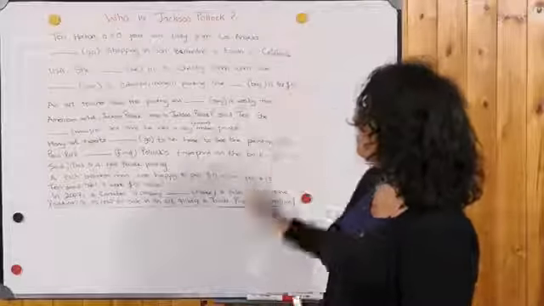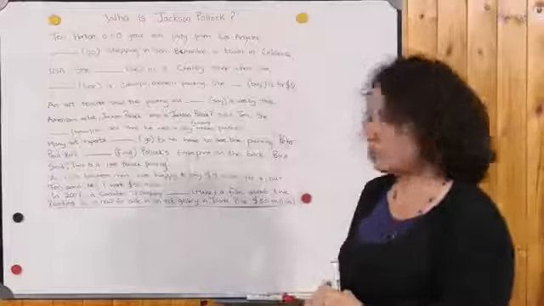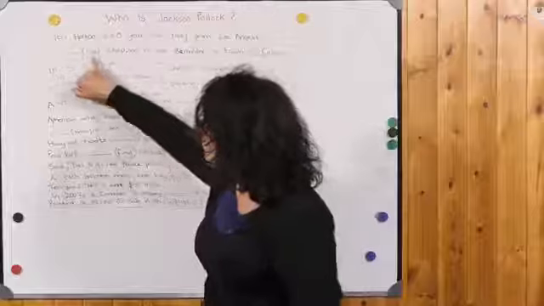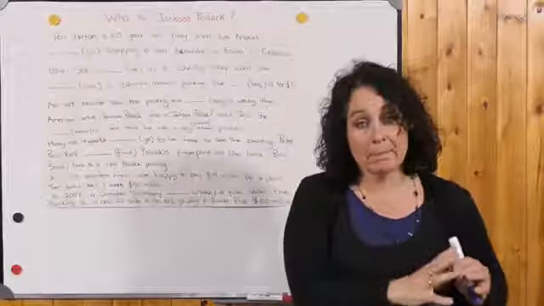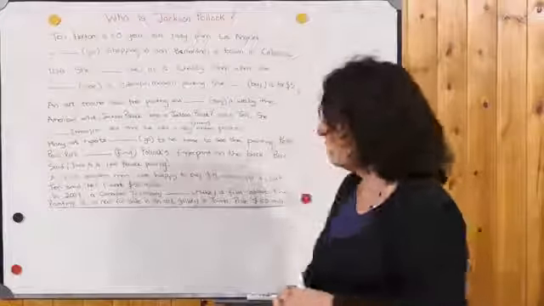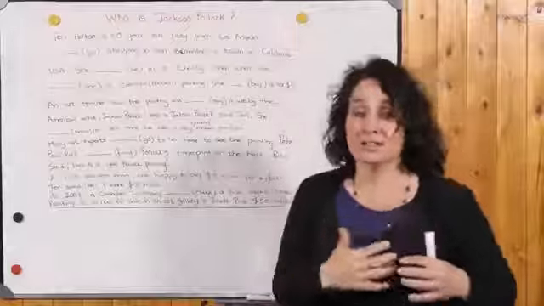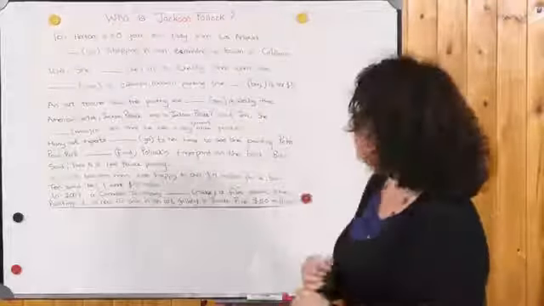who is Jackson Pollock? So here we are going to put the verbs that are in brackets into the past simple, okay? Because this is a story about the past, okay? So the verbs must be in the past simple, okay?